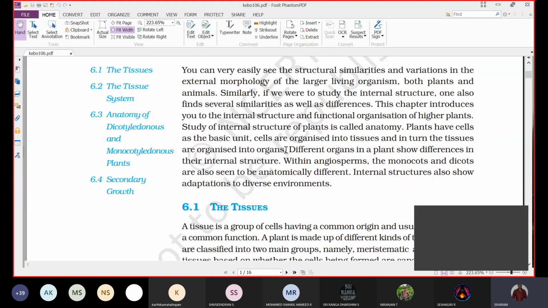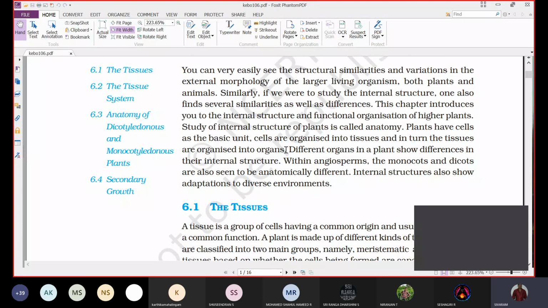And next, internal structures also show adaptations to diverse environments. The internal structures of the plants also vary according to the environment in which they are growing.